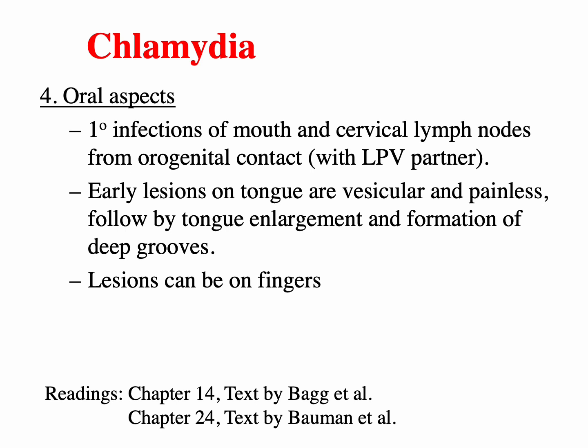One of the hallmarks of chlamydia infection of the oral cavity or the tongue is tongue enlargement and the forming of a deep groove in the tongue. The groove will run alongside the tongue, not across the tongue. So it is one of the features that can be identified easily.